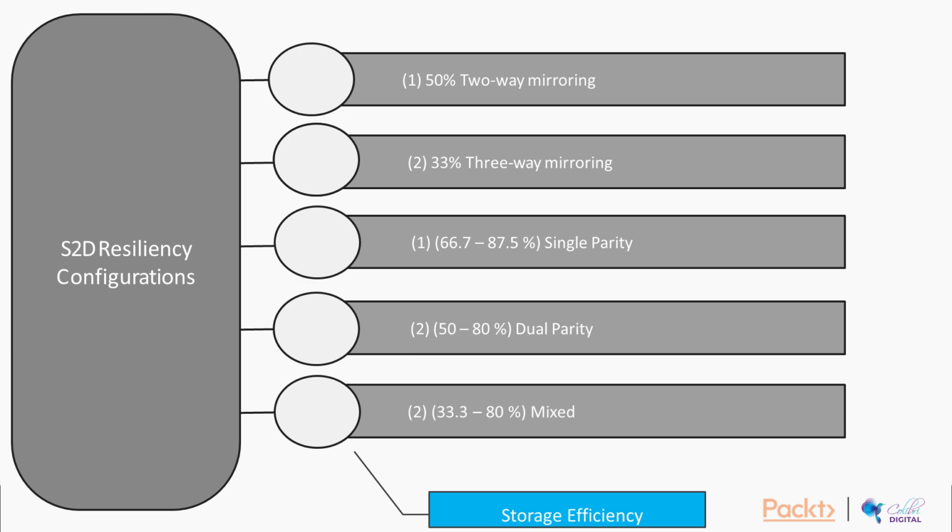Microsoft does not use traditional RAID 5 or RAID 10 or RAID 6, any of the RAID approaches that you're used to working with here, in order to create this parity, basically. Rather, they use a different technology they call erasure coding.